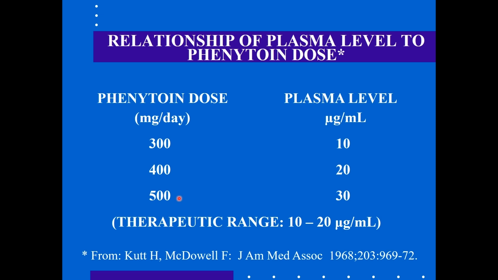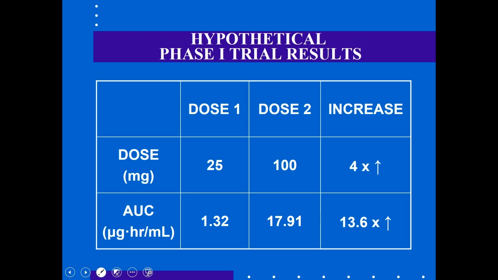And so let me give you an example from the real world of drug development. The Upjohn company was developing a drug, linezolid or Zyvox, and the phase 1 study pharmacokinetic data showed that after a 25 milligram dose, the AUC was 1.32 micrograms hour per milliliter.